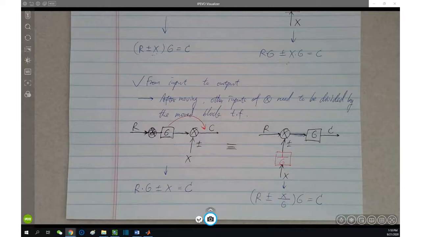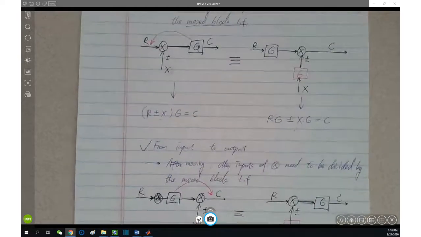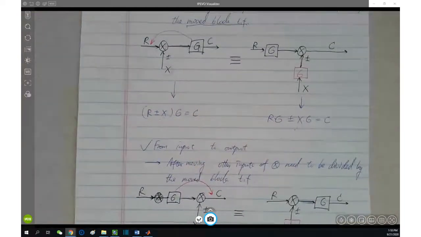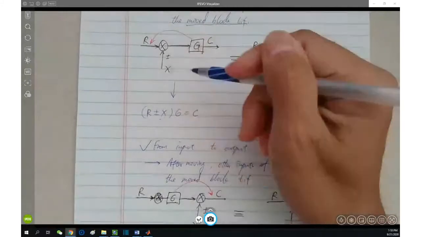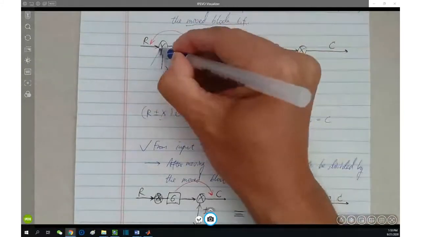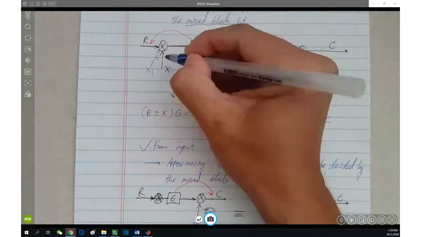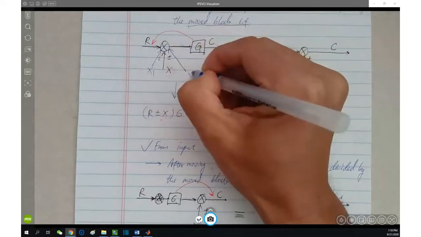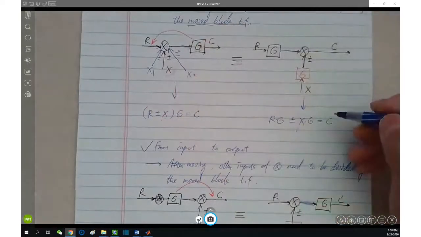Any questions regarding these two algorithms? So if you have multiple inputs, once you move the block, you need to do that to all of the other inputs, right? Exactly right. Let's do like this. This is one X, say you have another X1, another X2. And then here we need to do what?